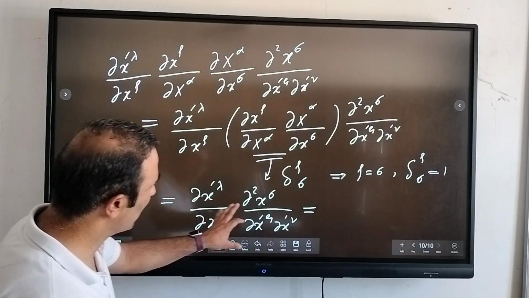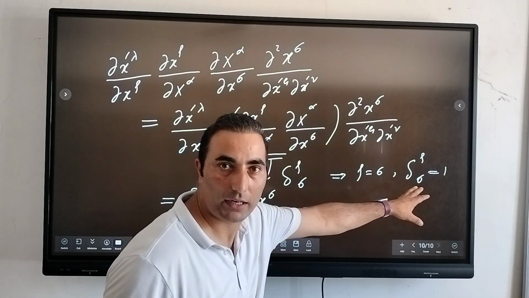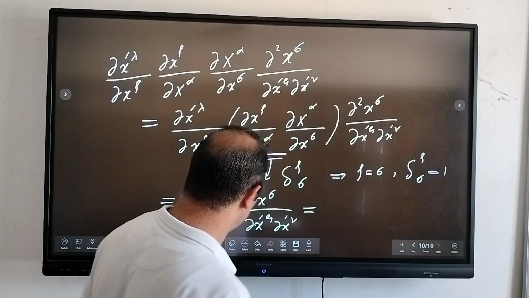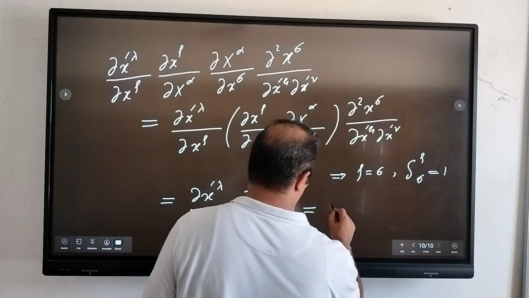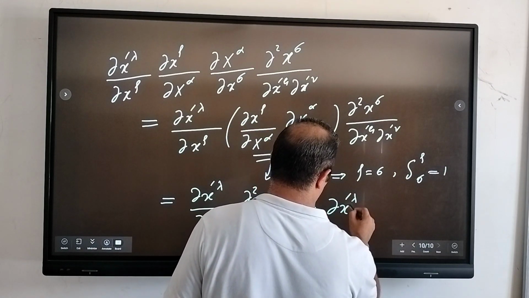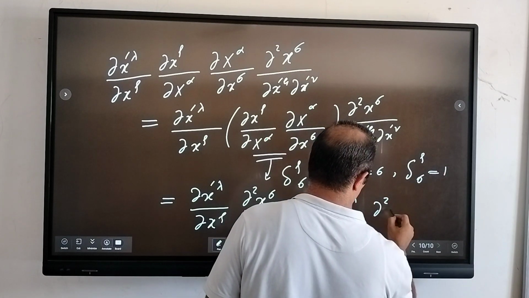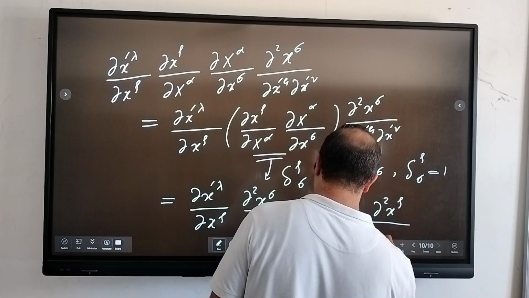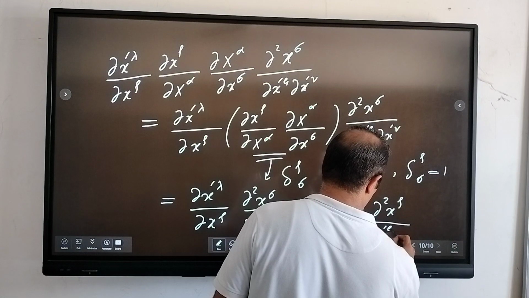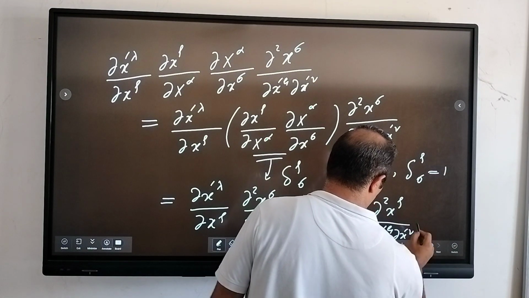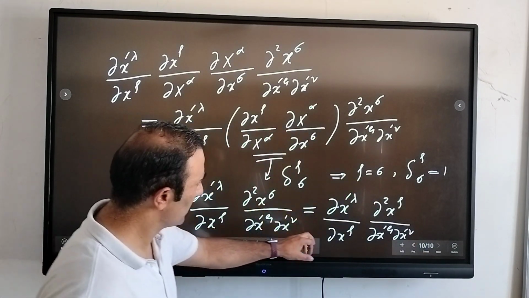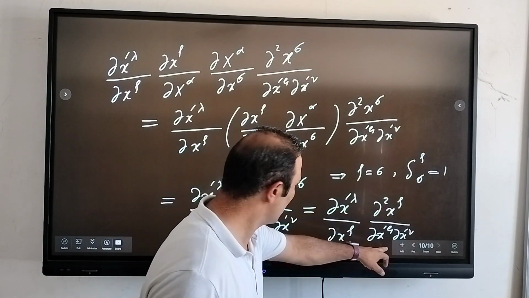So here what do I need to do? I need to write that instead of rho you can write sigma, or instead of sigma you can write rho. So this will be equal to partial x prime lambda, partial x rho, and partial 2 x rho by partial x prime mu, partial x prime. Okay. Because when you put rho instead of sigma, it's the same.